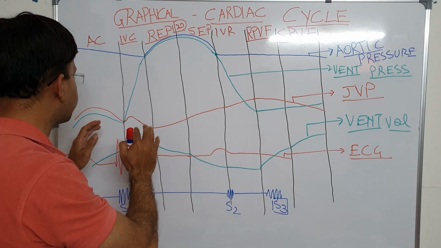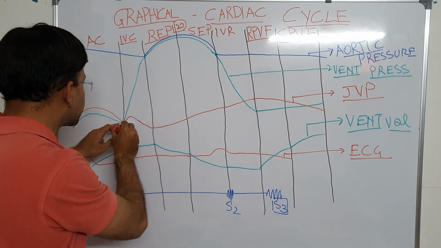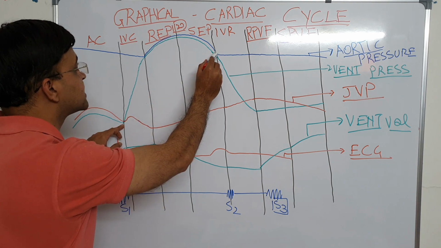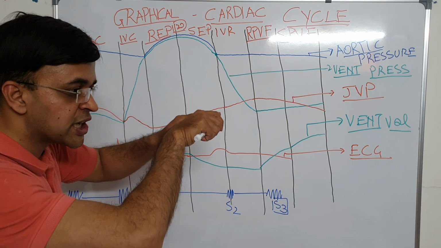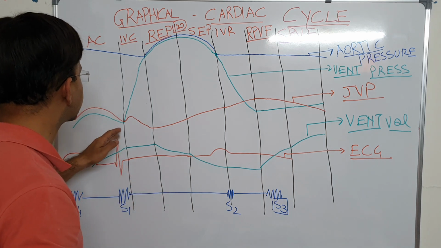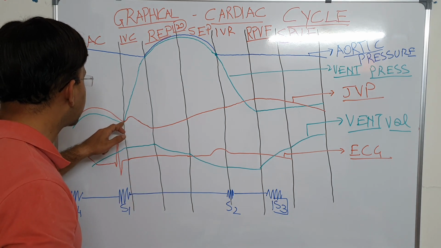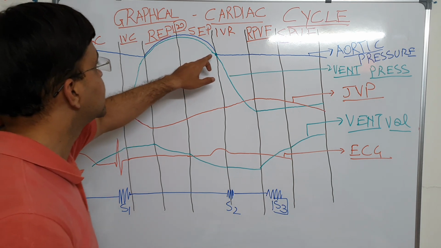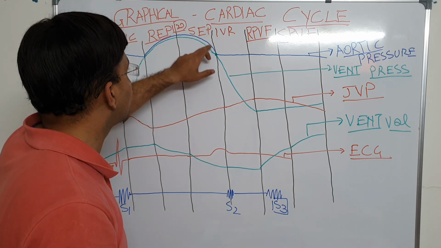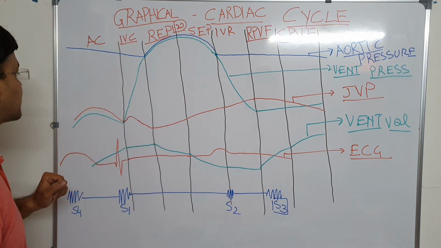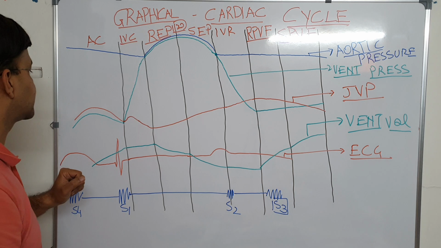Every time a valve closes, be it at this point or at this point, the pressure inside the cavities becomes independent of each other. Here the atrioventricular valve closed and the atrial and ventricular pressures became independent of each other. Here the aortic valve closed and the aortic pressure and ventricular pressure became independent of each other, right?